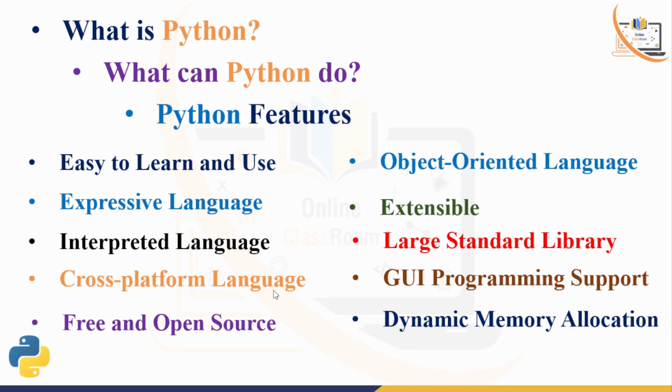And the next one is dynamic memory allocation. That is also a very important feature, because in C, C++ or Java, if you write x equals 15, it will show an error because we have to define what x is. That means x is an integer, or a floating point number, or what. But in Python, if we write x equals 15, it will automatically assign that x is an integer value.